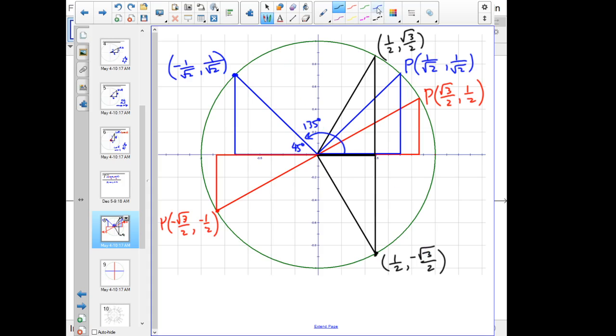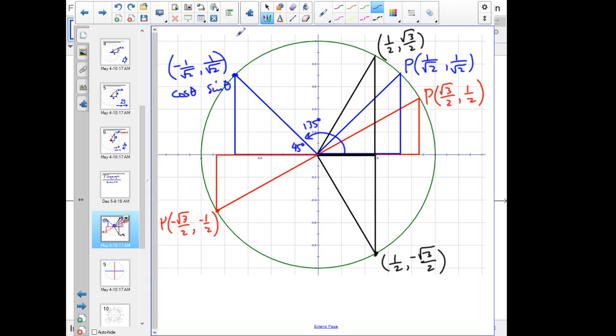Now, what is that actually telling you? I want to tie this back in to what we were saying before. Don't forget that the x-coordinate represents the cosine, and the y-coordinate represents the sine. So what this is telling you is that this is the principal angle of 135 degrees.